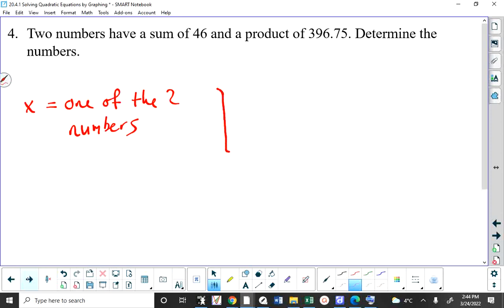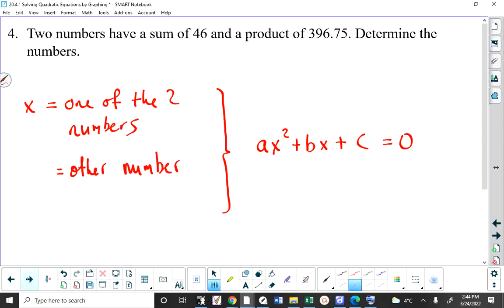We want to, out of this, get an equation that looks like this so we can find the x-intercepts of the corresponding function to answer the question. We only want one variable. It's got to be x. So what can we write for an expression for the other number if the first number is x?